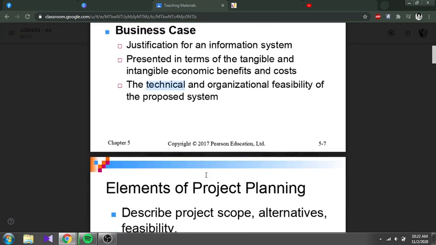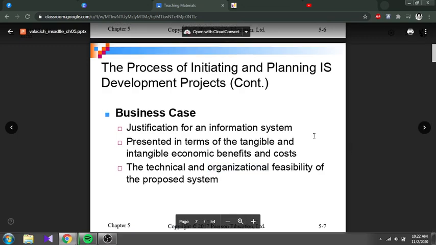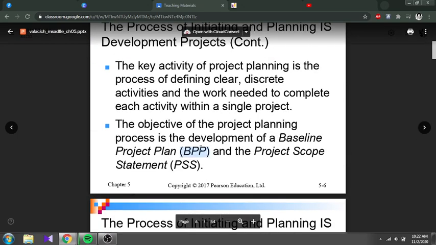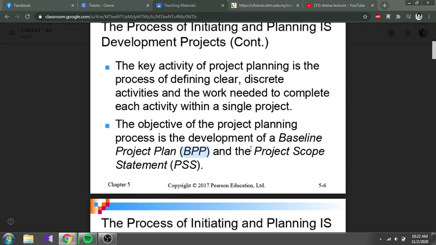And then we have one more, the baseline project plan (BPP). As you know, the BPP is the major outcome and deliverable from the project initiation and planning phase, which contains the best estimate of project scope, benefit, cost, risk, and resource requirements.